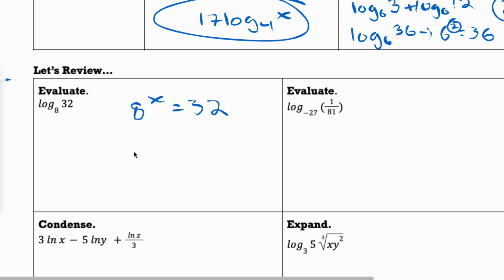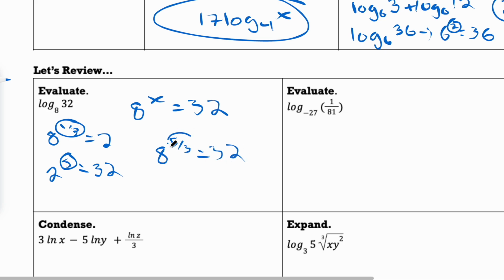So if I break 8 down into 2, I'm going to get 8 to the 1/3 equals 2. And then I'm going to get 2 to the fifth equals 32. I'm going to take these two exponents and multiply them. I'm basically going to get 8 to the 5/3 equals 32, meaning our answer is 5/3.